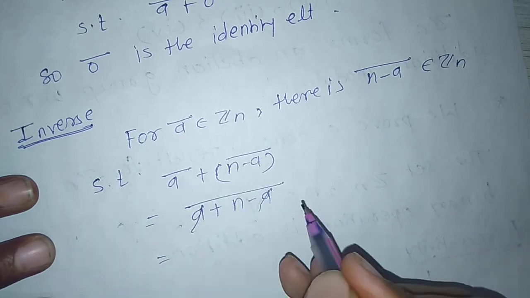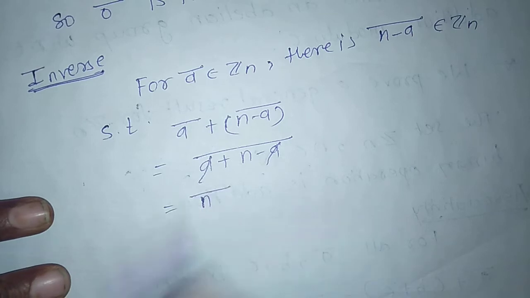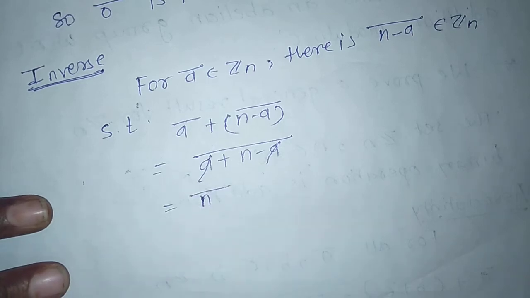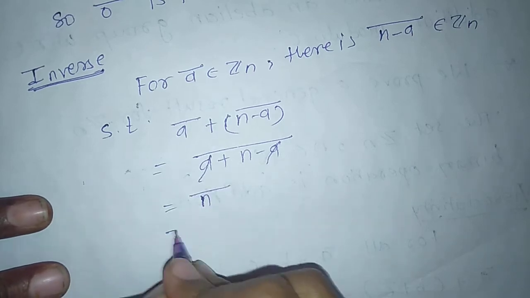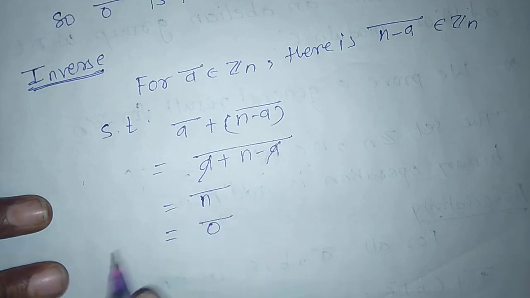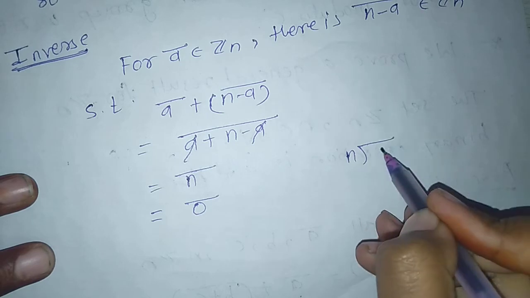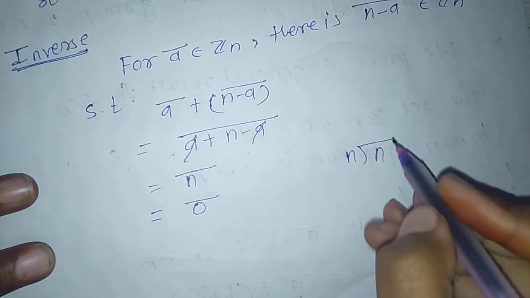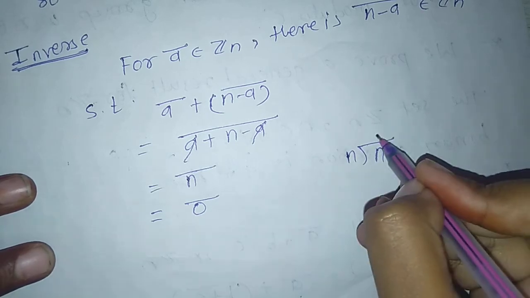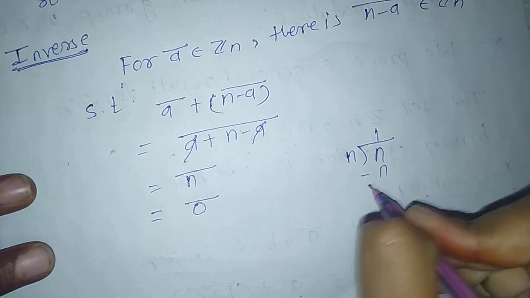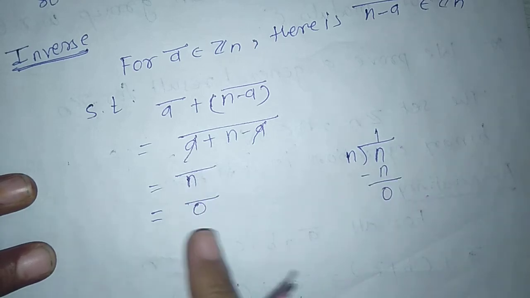A plus minus a get cancelled, we get n bar, but n bar under modulo n equals 0 bar, because when n is divided by n we get remainder 0, so n bar equals 0 bar.